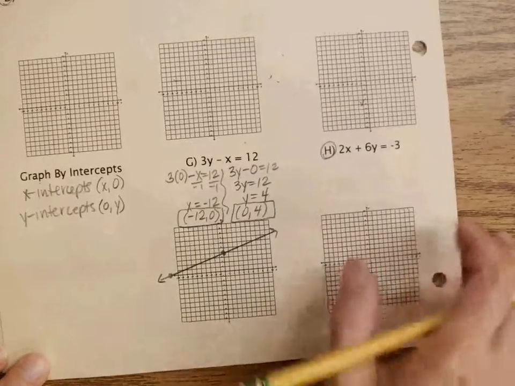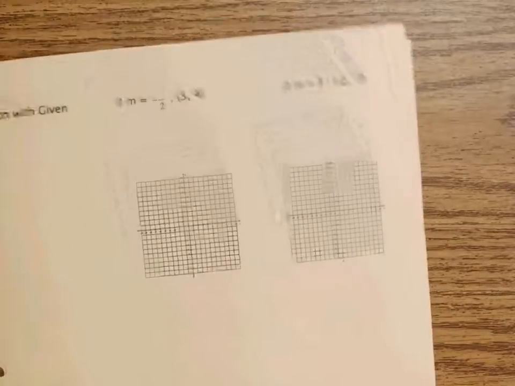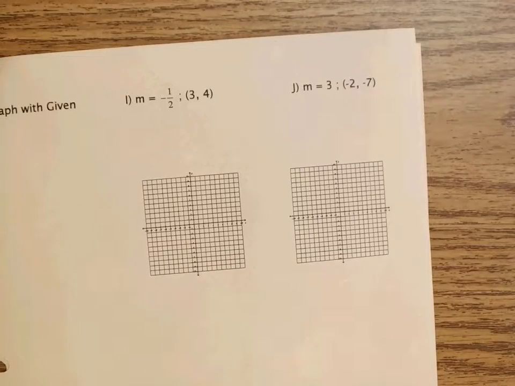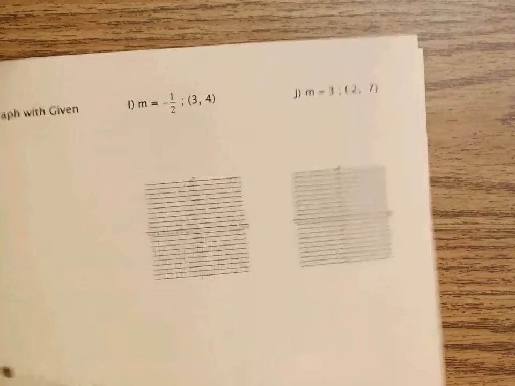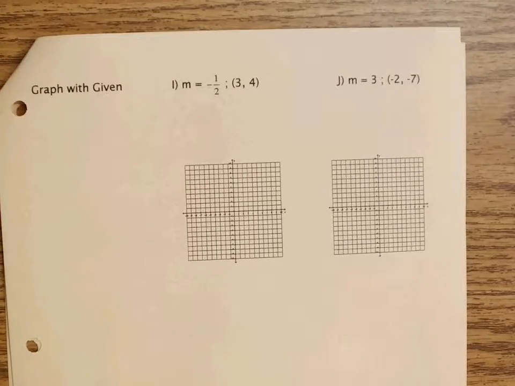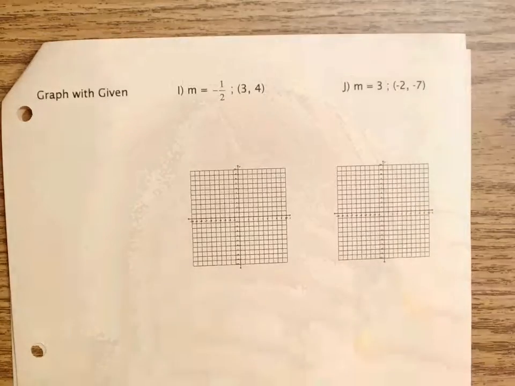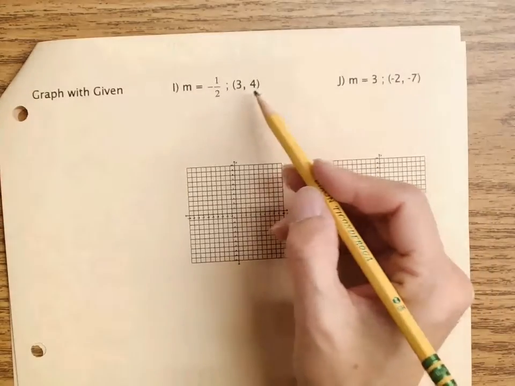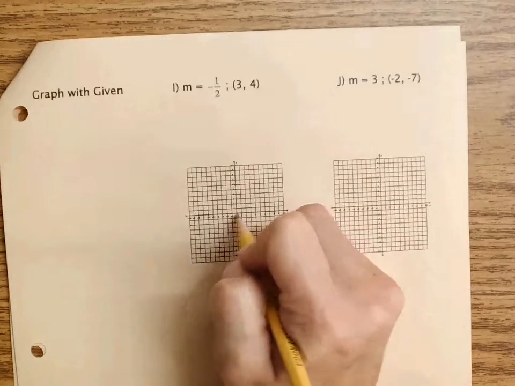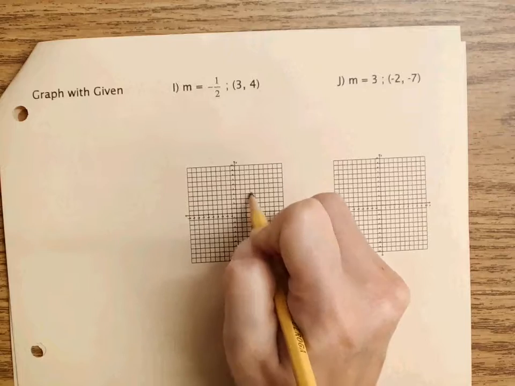And then on our very last page, we don't have a lot. I just didn't have enough room to fit it into 2 pages, so unfortunately it turned into 3. This is an example where you're just given a point and then the slope, and then you have to create the line with whatever given information you have. So I can plot the point 3, 4. So I'm going to find 3 and then 4.